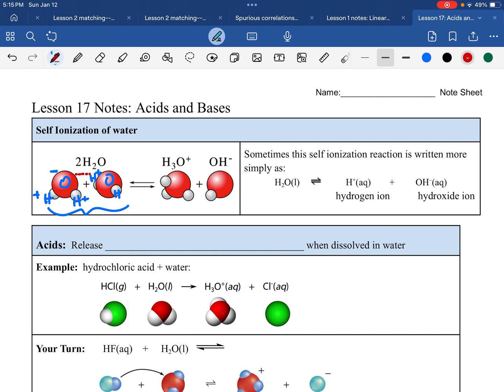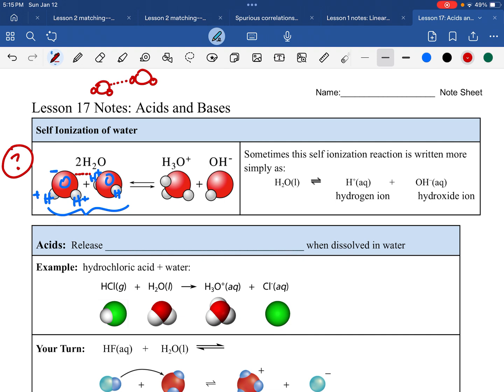We might draw that again up here, an oxygen and two hydrogens, an oxygen and two hydrogens, and then there's also a weak bond in between the hydrogen of one water molecule and the oxygen of another. And you're going to answer in the video questions, what do we call that bond?